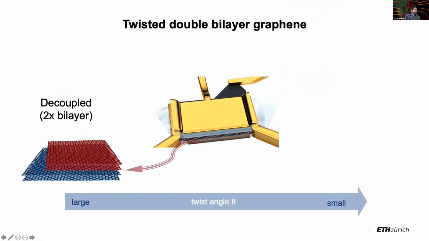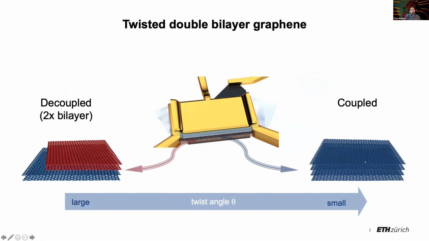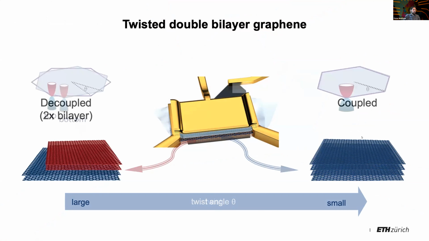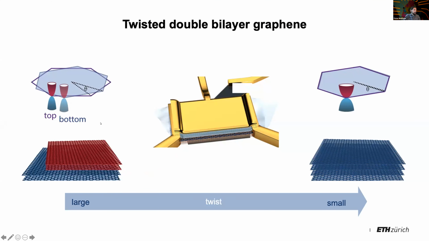So I said for the large twist angle, the wave function is decoupled or layer polarized. So that's like having two bilayer graphenes. Whereas for the small one, the wave function is spread over all four layers, and we're in sort of a coupled regime. Now, if you look at the band structure, for the small twist, you can have the Brillouin zone of one bilayer graphene, which has this parabolic dispersion, right?